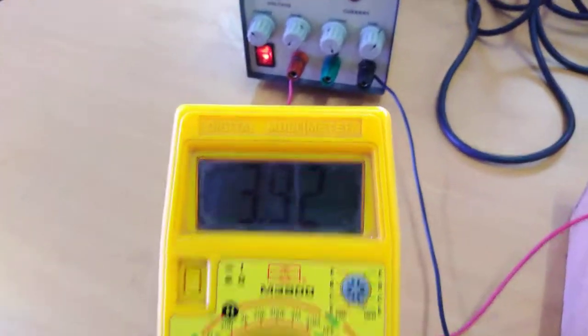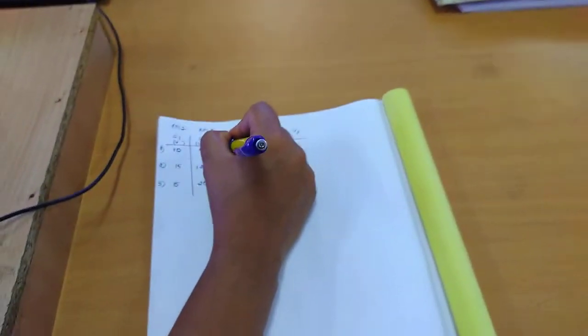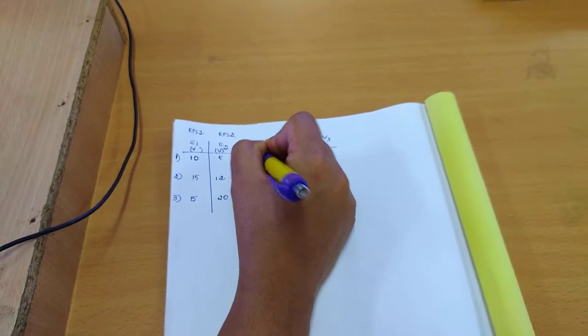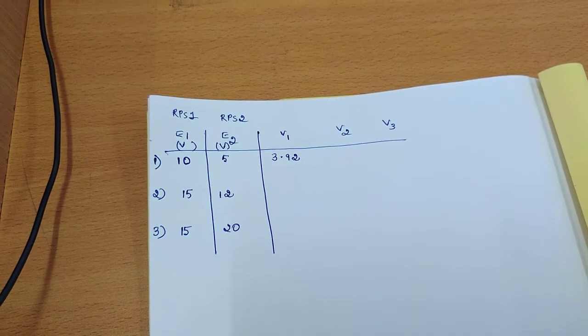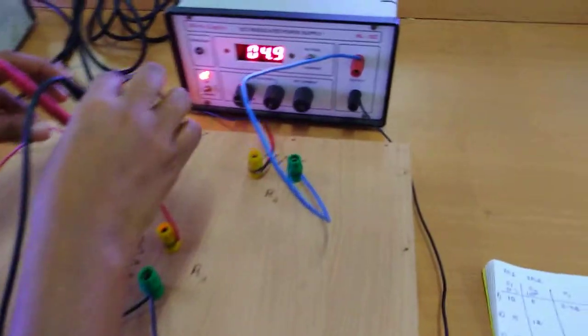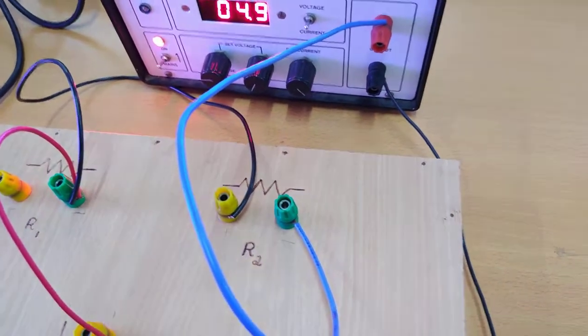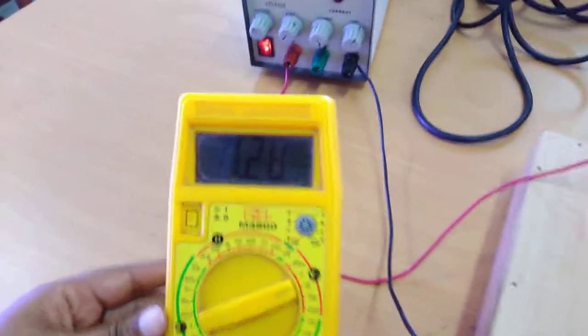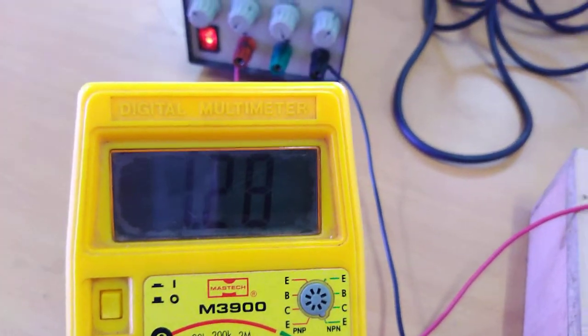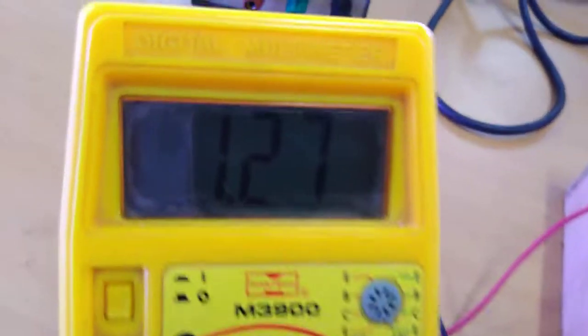You can see in the multimeter you are getting a voltage of 3.92 or 3.9. Let me write it as the first voltage, 3.92 volts. Now let me find the voltage across R2. The voltage across R2 is 1.28 or 1.27 volts.